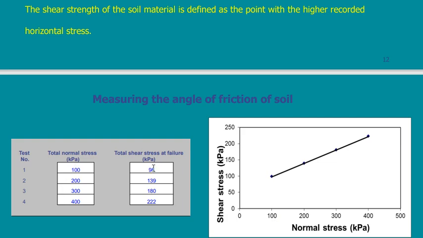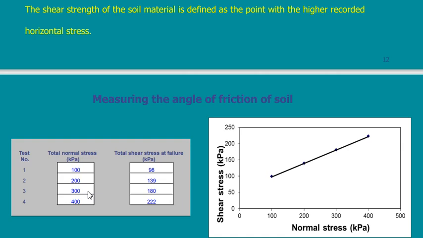This is the first point. I repeat the experiment again. I increase the normal force. Instead of 100, it is 200. In this case, I get another value for the shearing stress at failure, and so on.